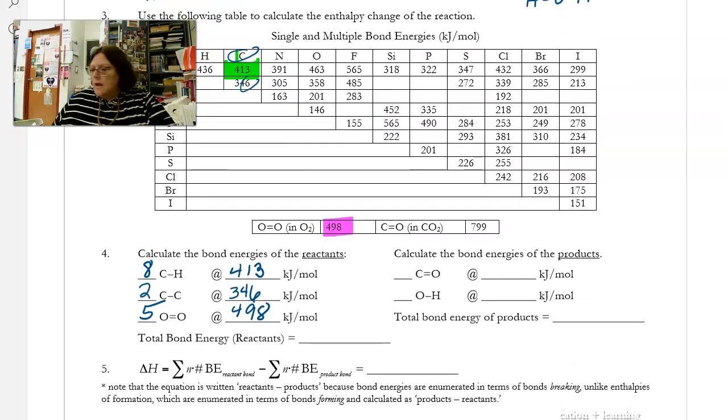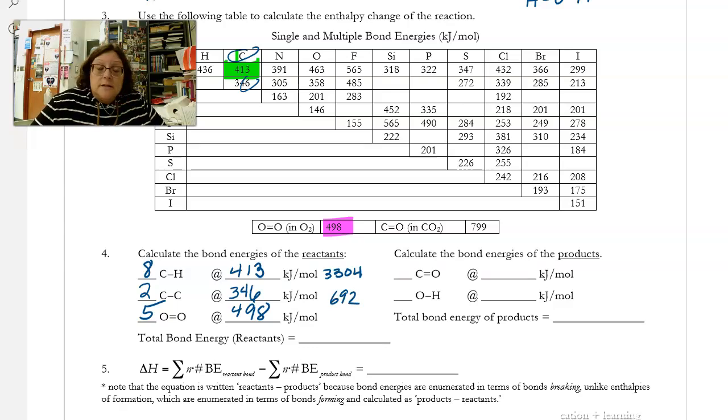So we do the math. 413 times 8 is 3304. You all should be calculating along with me. 2 times 346 is 692.